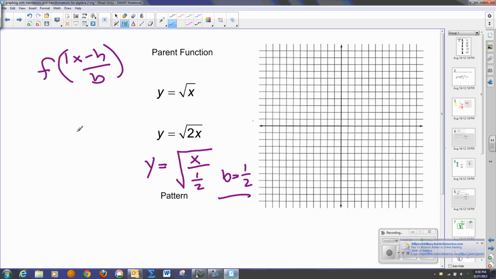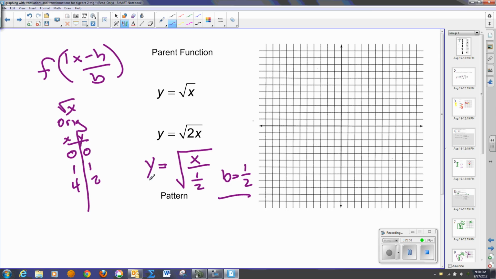So in my original, for root x, I get 0, 1, 4, and 0, 1, 2 for my x's and y's. But in this case, since my b value is a half, I'm going to take all those x values and multiply by 1/2.